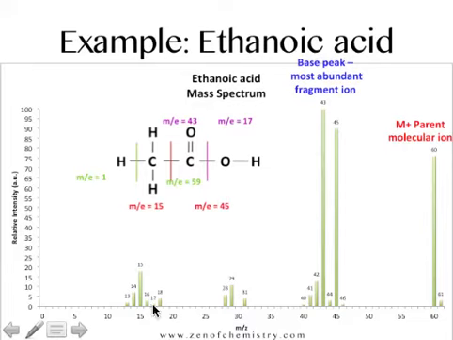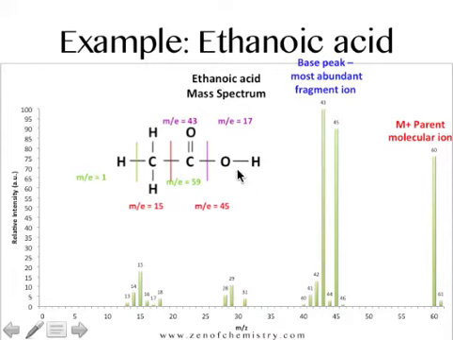There's very little 17. So most likely that 17 breaks down further, and it will probably fragment again. You'll notice that we don't have any 1s. Usually hydrogens don't reach the detector very easily.